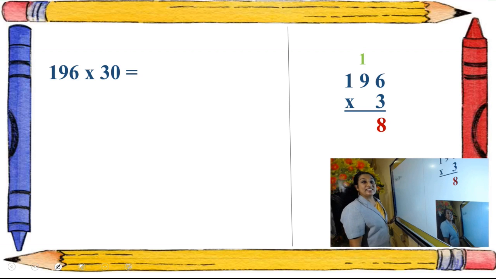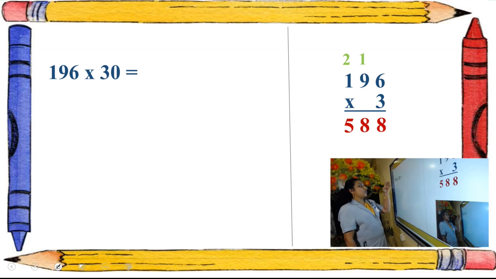Then 9 3s are 27. 27 plus 1, 28. So 8 down, then 2 above 1. Again, 3 1s are 3. 3 plus 2. You have to add that carryover. 3 plus 2, 5. Is this our answer?